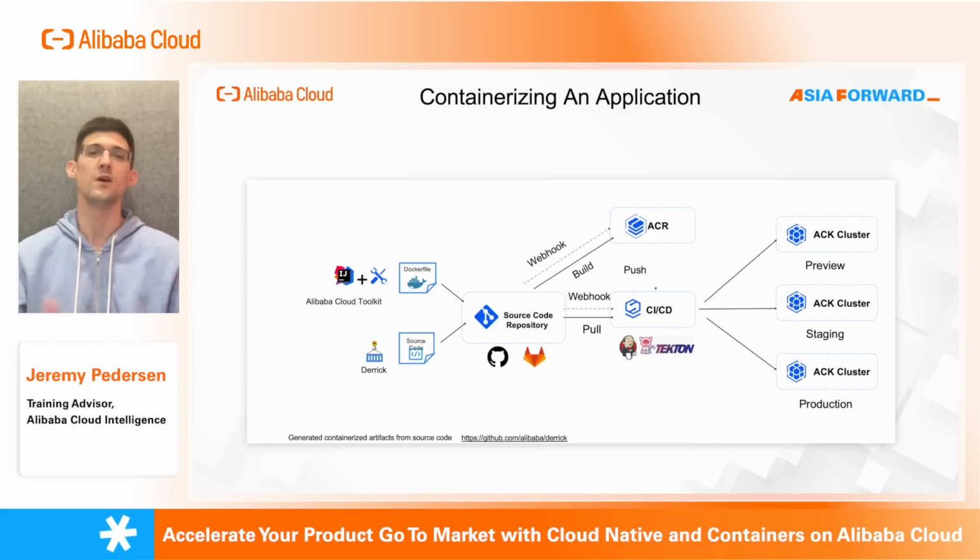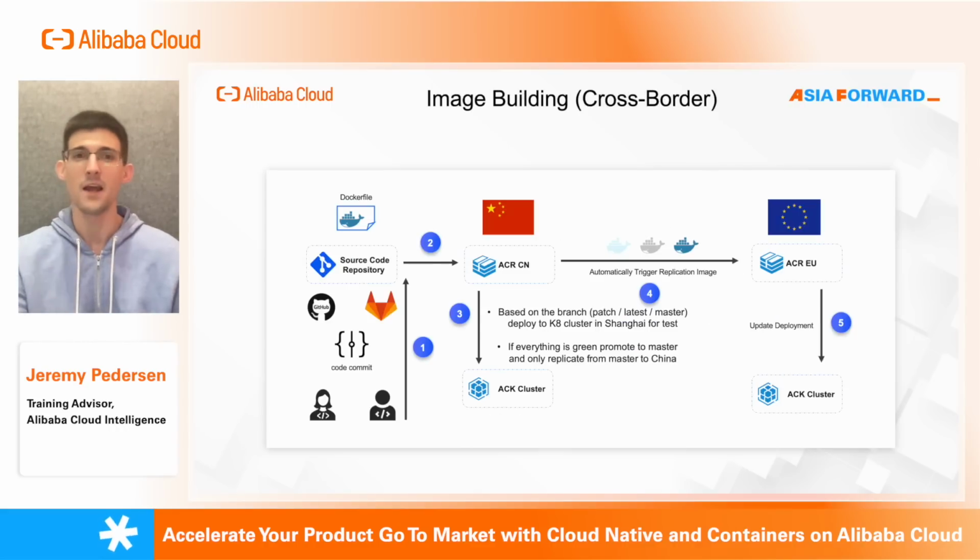So a typical pipeline would look like the one here, and you might choose to pair that with cross-border image transfer. So especially if you're trying to do localization for compliance reasons or just to speed things up, you're going to want to have your application deployed in multiple geographic locations.